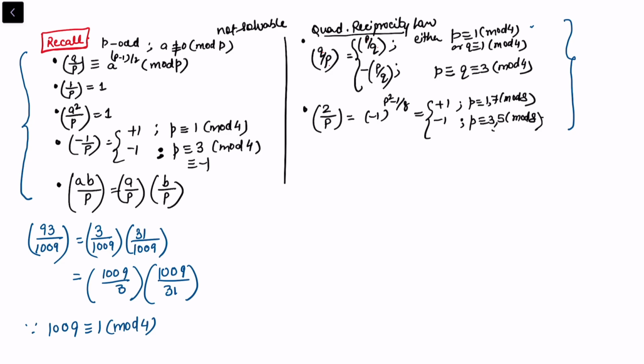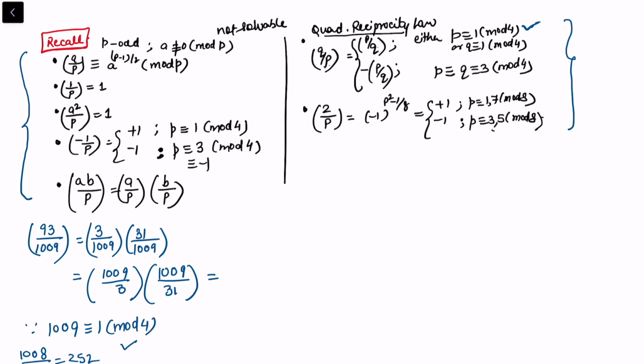As you can see, if I divide 1008 by 4, I get 252. So this congruence is true, and it satisfies the first property, that if P is congruent to 1 mod 4, then I can write this as P by Q. So the numerator is now larger. Let us try to reduce the numerator.